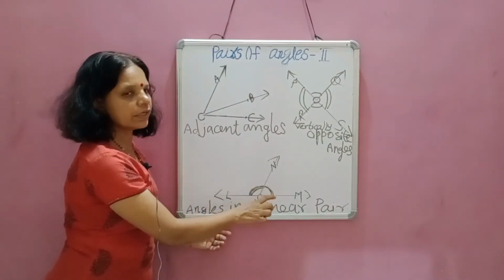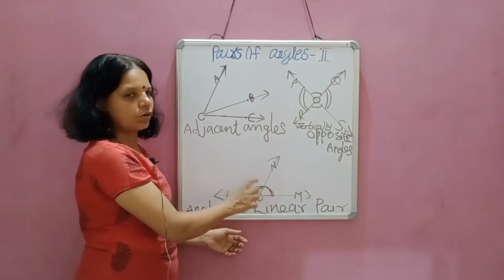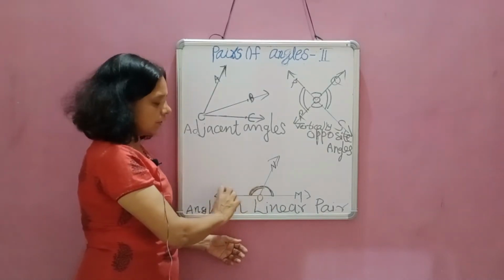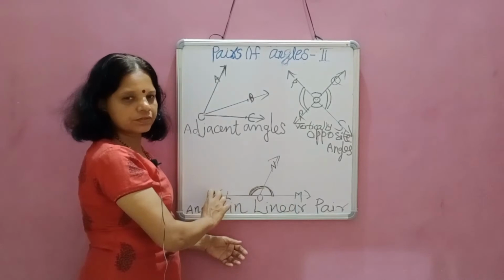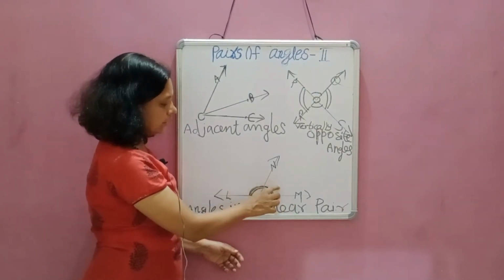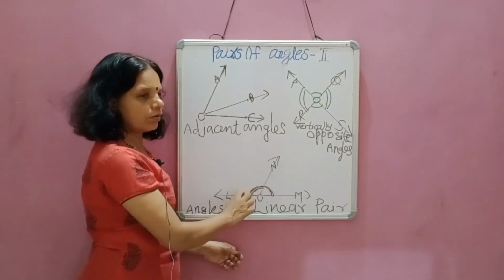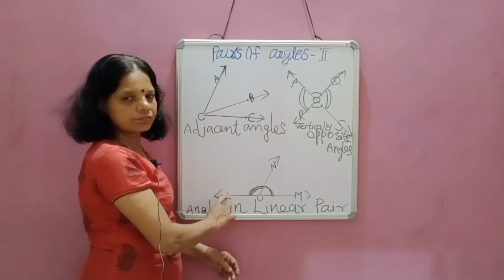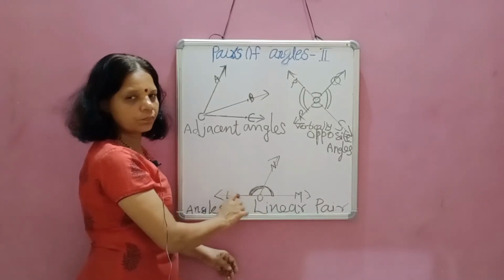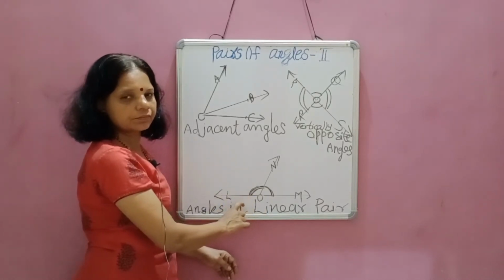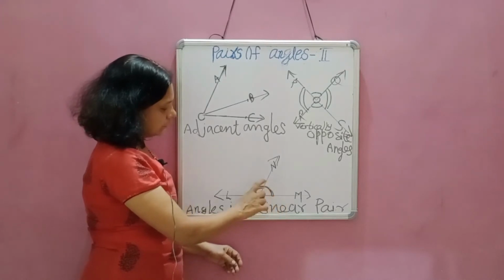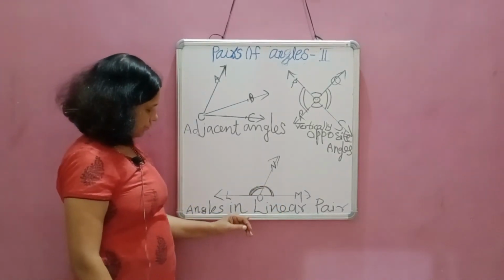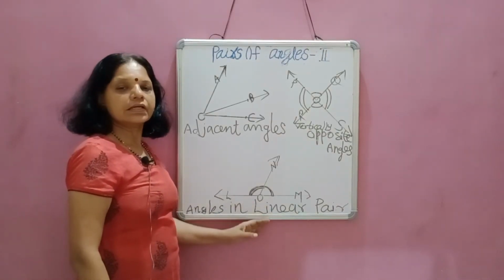The non-common sides form a line or opposite rays. So what is the definition of angles in linear pair?